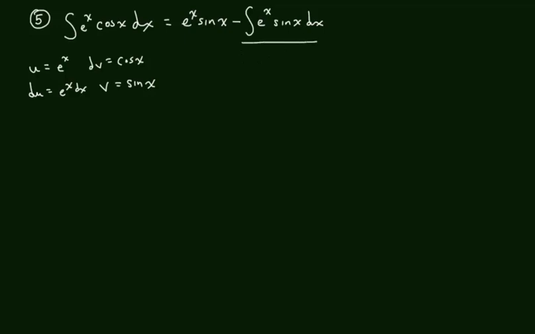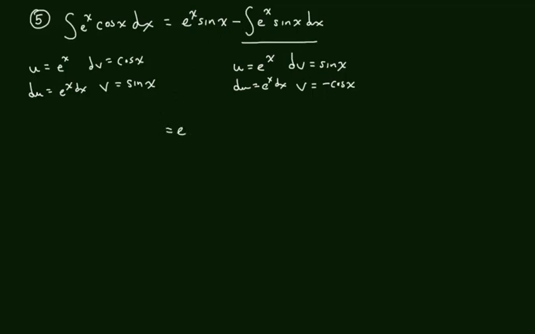Looks like I'm going to try u substitution, by parts again. So u equals e to the x, dv equals sine x dx, du is e to the x dx, and v is negative cosine x. Again, please be careful with these negatives and distribution of them.